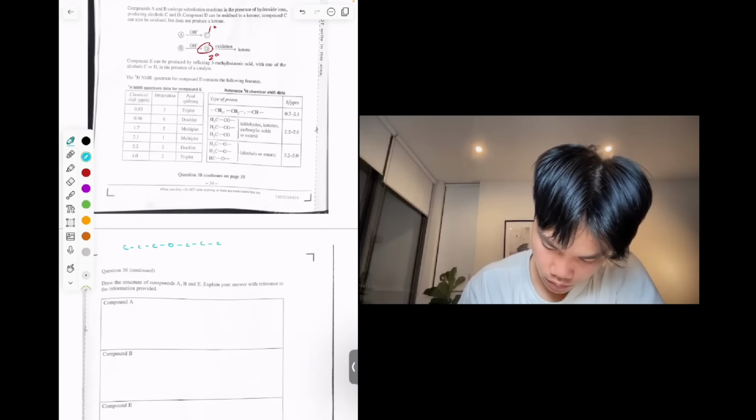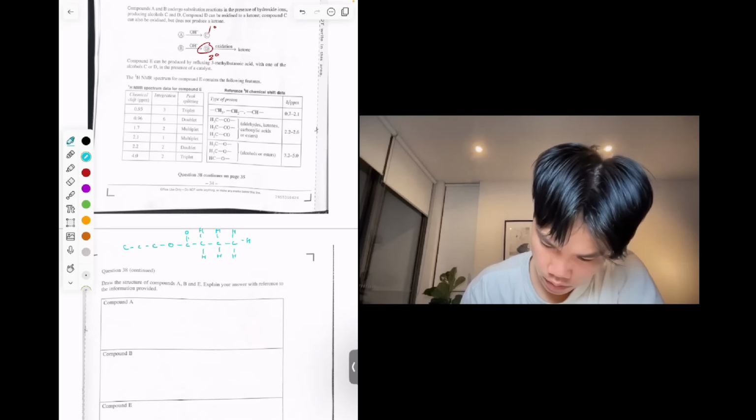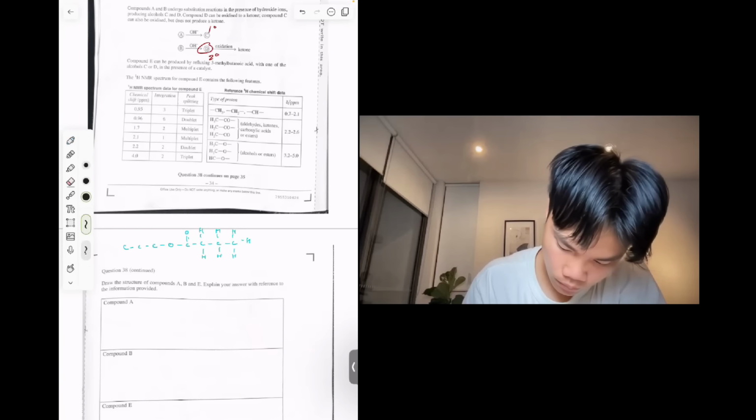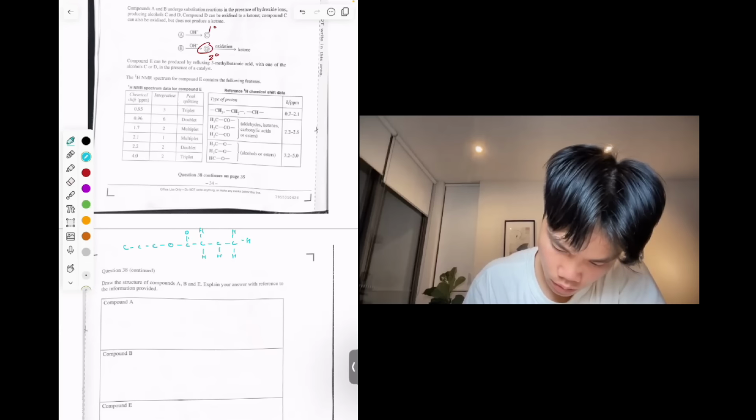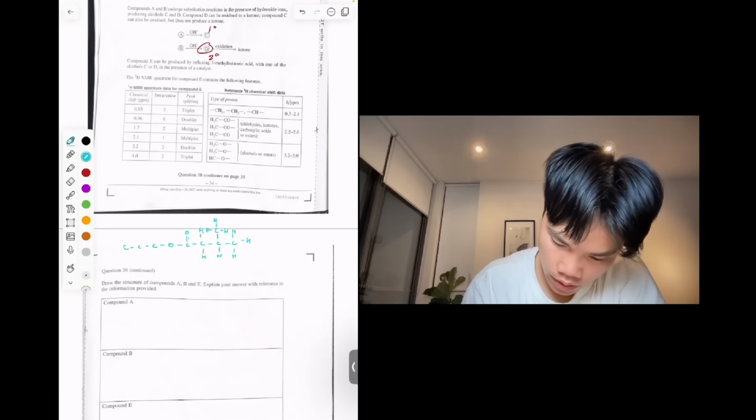Sorry, there's a 3-methyl, so that would be 1, 2, 3 over here. And then on the other side, you have your propan-1-ol in this case.